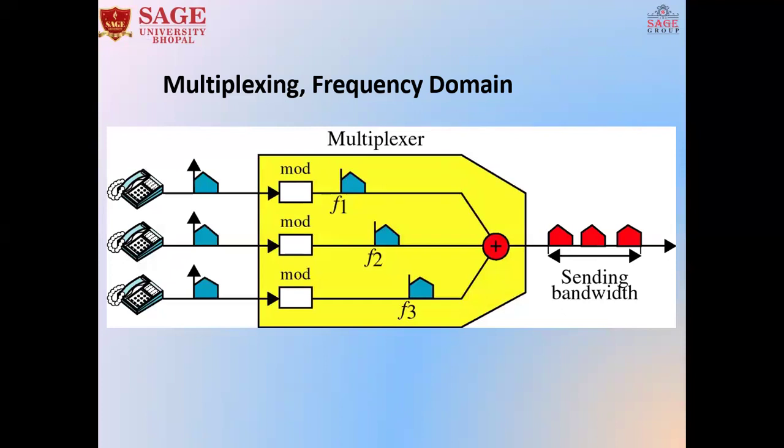There will be a gap between F1 and F2 as well as F2 and F3, known as guard bands, and it will be sent as shown in the diagram. The bandwidth of the link should be greater than the bandwidth of the transmitted signal.